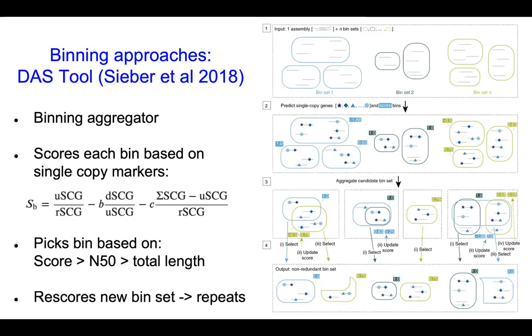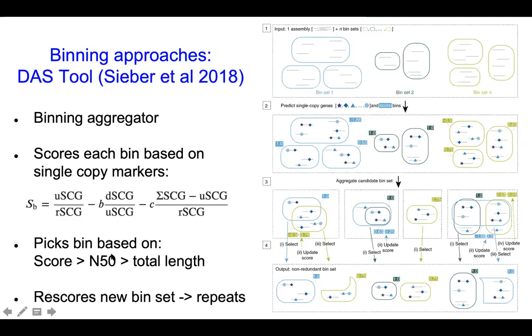If the score is the same, say if both of these have the exact same set of single copy marker genes in them, very likely, or somewhat likely, it will use the N50, which is an assembly metric. It's the minimum number of contigs representing 50% of the total assembly length.